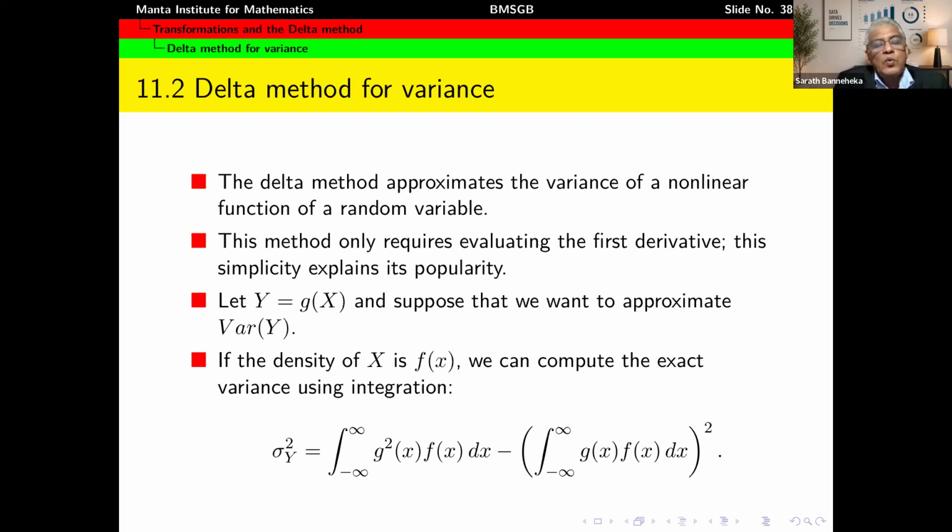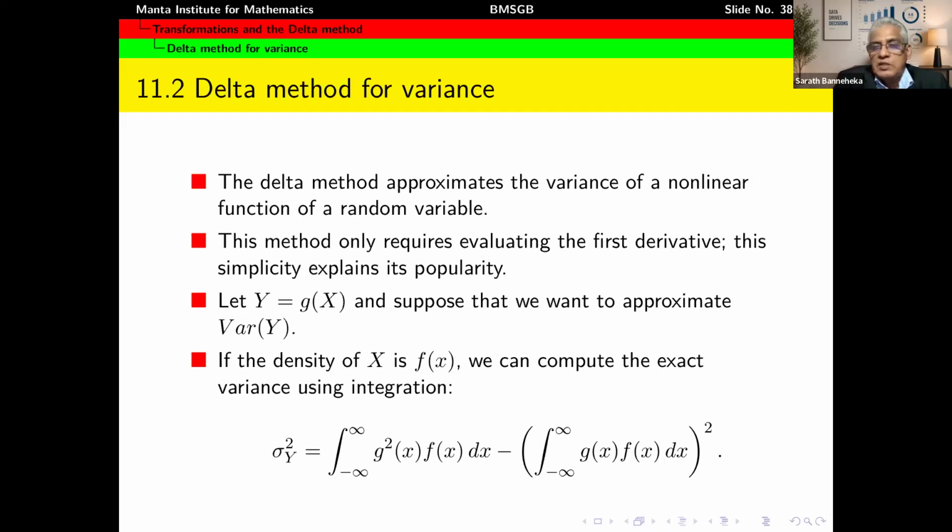So let Y equal g(X). X is a random variable. g is some transformation, and generally here we are interested in a nonlinear transformation. Suppose you want to get the expression for the variance of Y, but theoretically it's very difficult to get the exact variance.